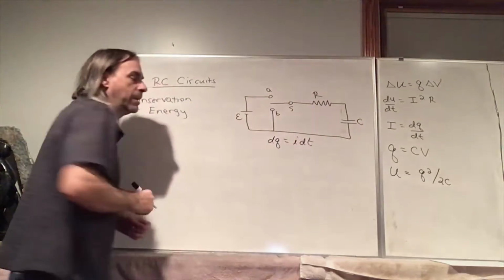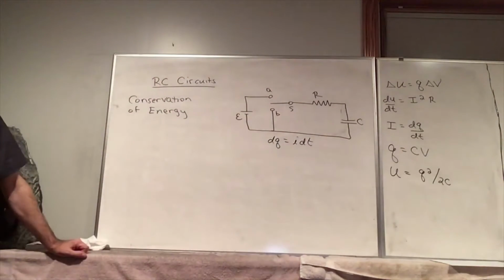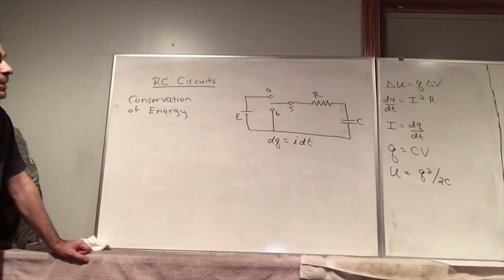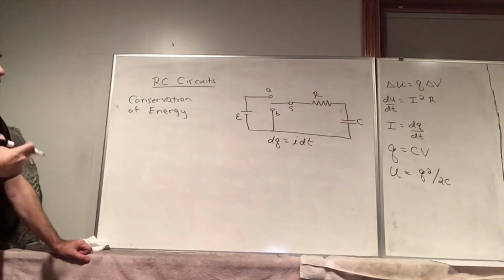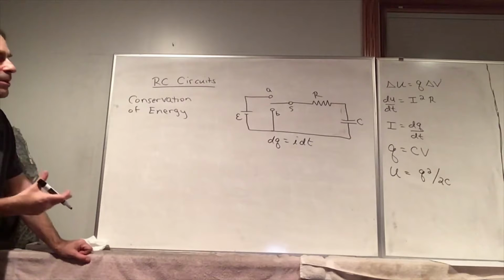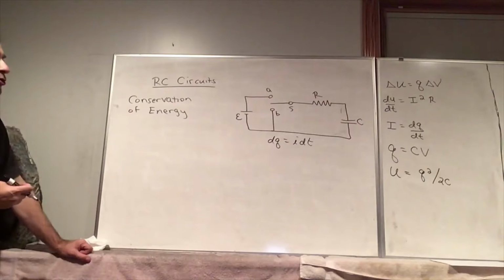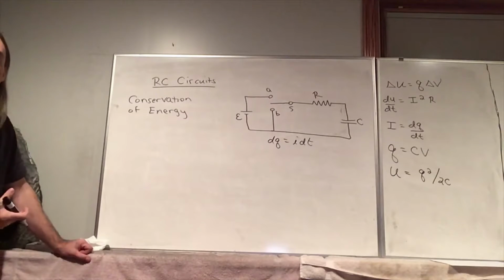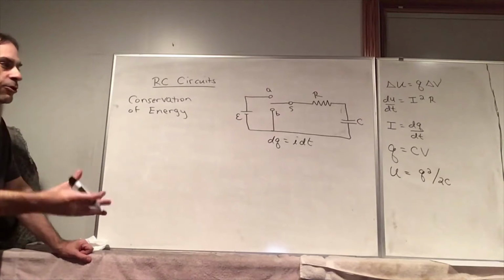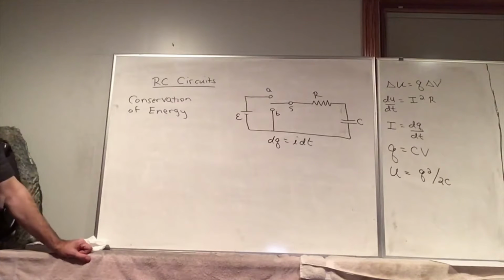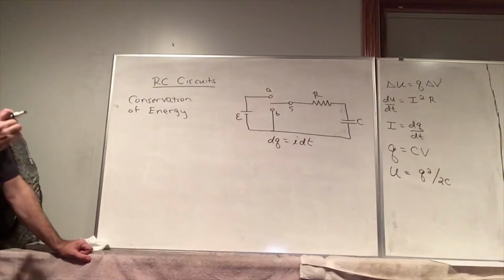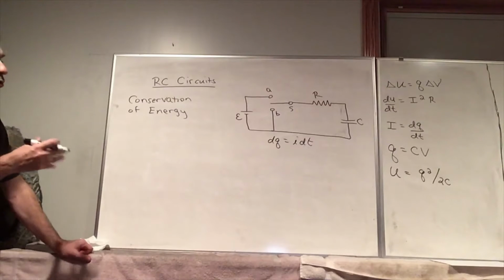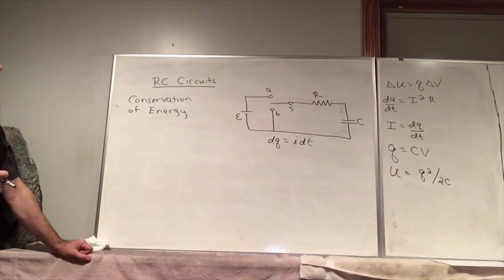The amount dq is equal to the current times the time interval dt. The battery has chemical energy that is being depleted, and it's giving that energy to the circuit. By conservation of energy, whatever the battery is supplying has to go somewhere.